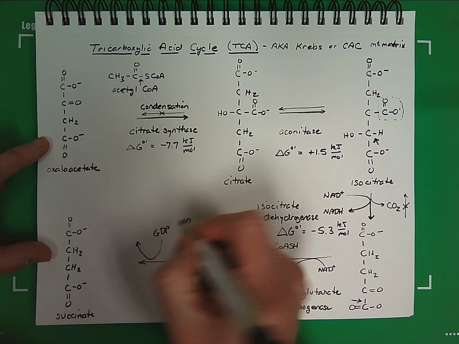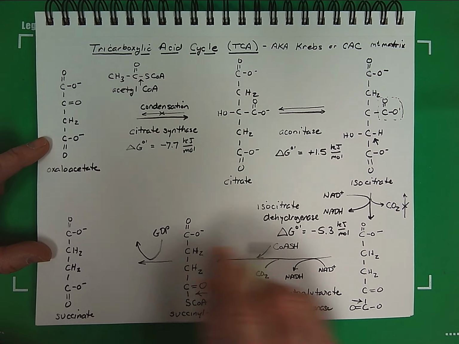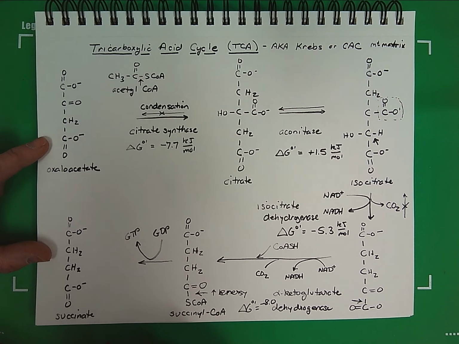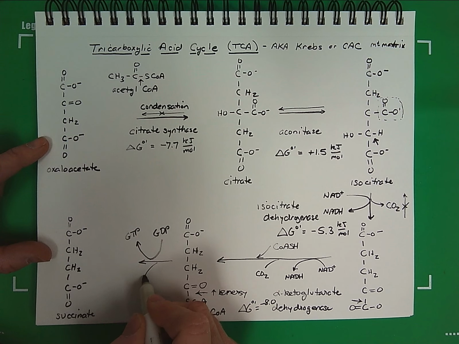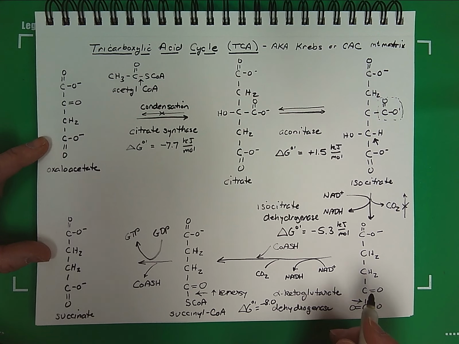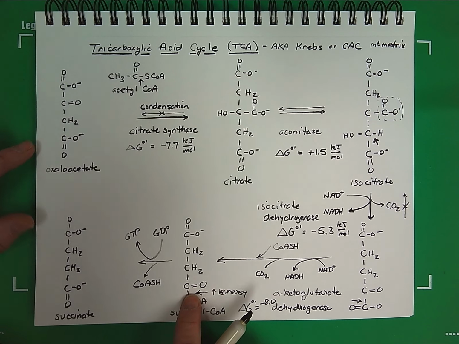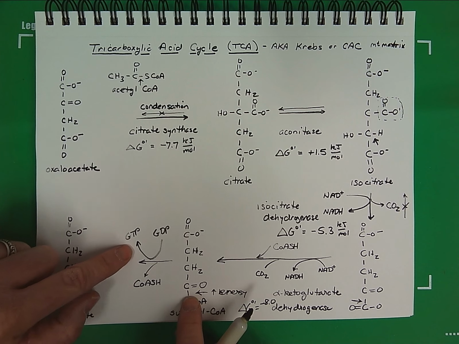In this case, we are not talking about ATP, but we are talking about GDP. And of course, a coenzyme A is released from this reaction. So we are simply transferring the energy from this high energy bond of the thiol group onto generating a high energy phosphate bond on GTP.